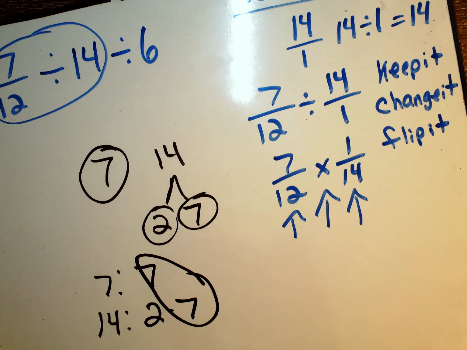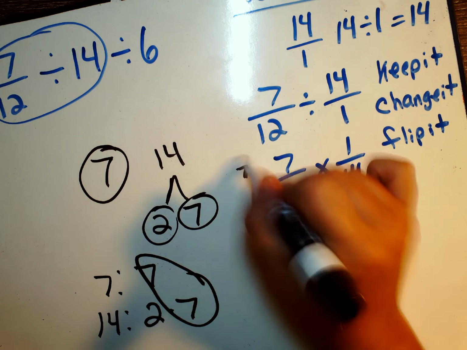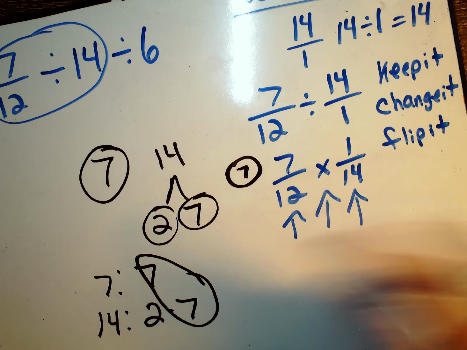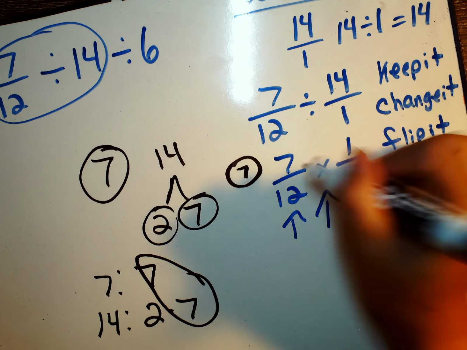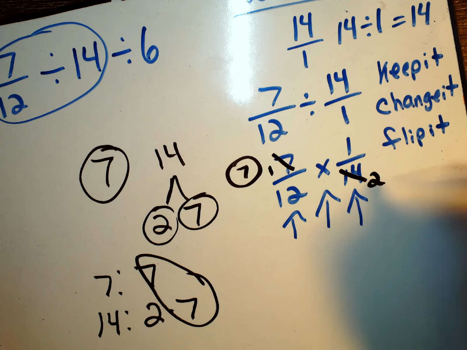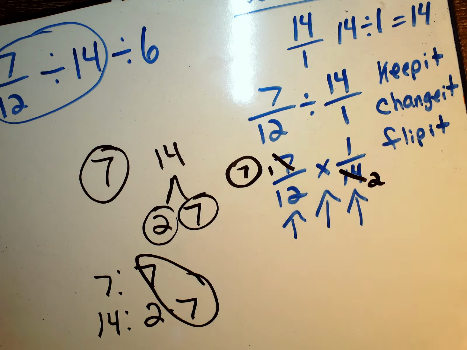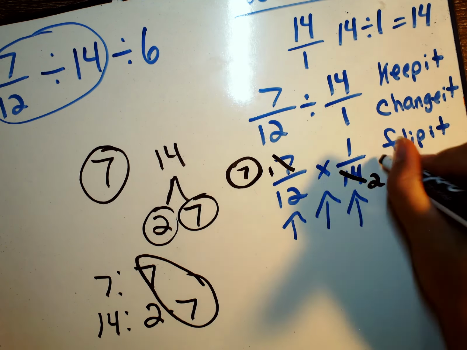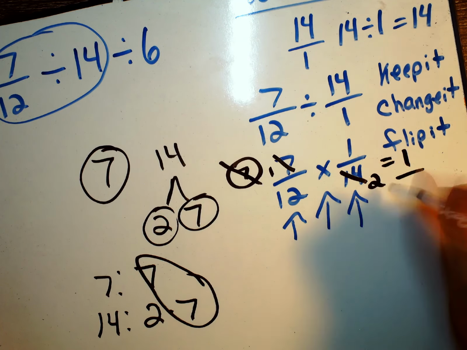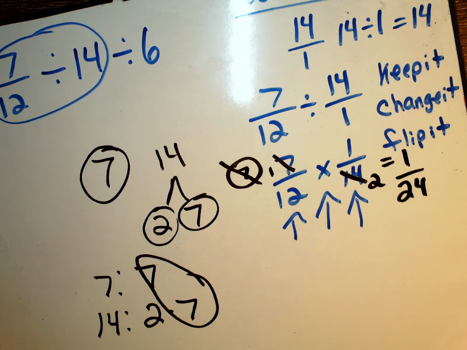So our greatest common factor is 7. So then we would circle our 7. Remember, we learned this in chapter 1, finding our greatest common factor. All right, so 7 divided by 7 is 1. 14 divided by 7 is 2. We can't do cross canceling the other way. So 1 times 1 is 1, and 12 times 2 is 24.